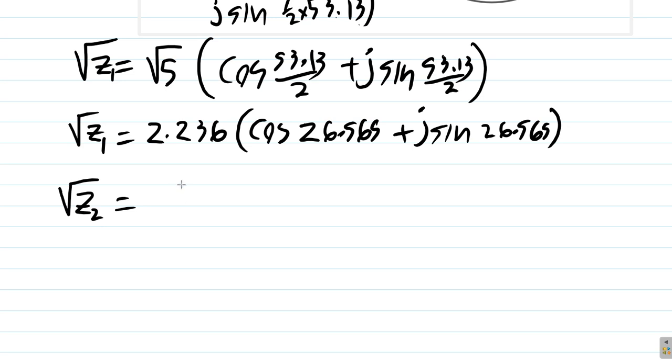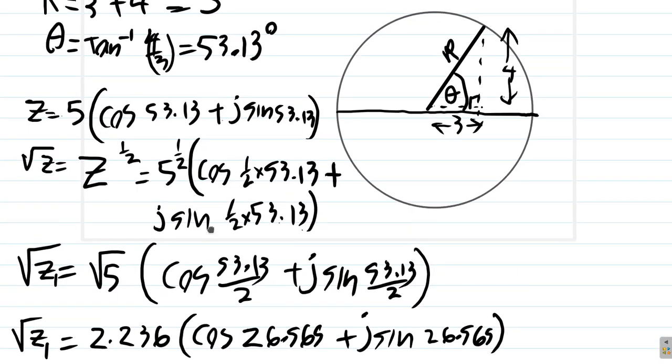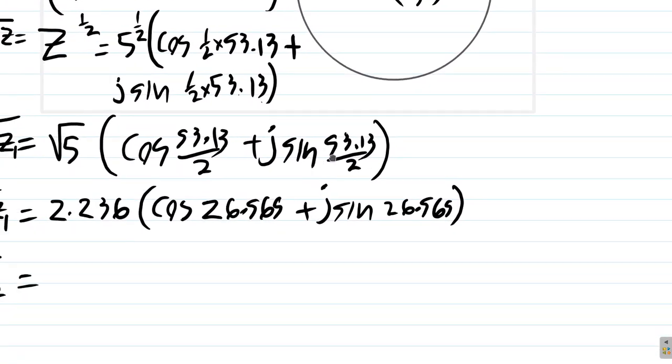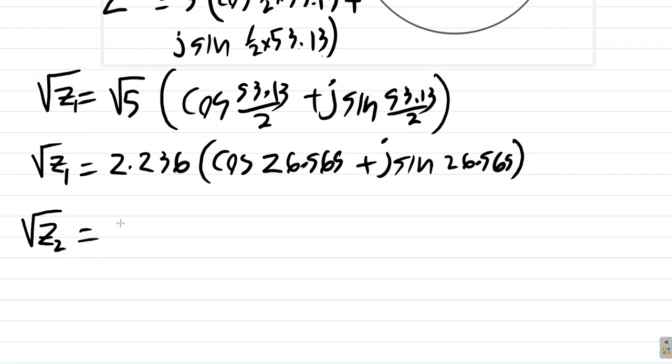Remember, the magnitude remains the same. It's going to be a new circle, by the way, but we'll come to that. 2.236, and then you have cos. Now remember, we need to circle this thing.